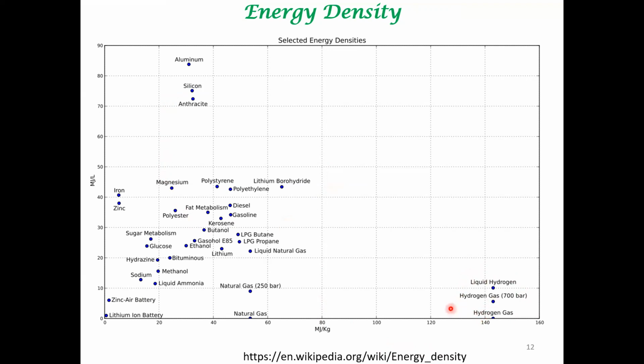Let's say hydrogen is a non-polluting fuel, but it has its own challenges. All these are issues that will be addressed in the next 20, 30 years. So as students, you should have a good appreciation of these questions.